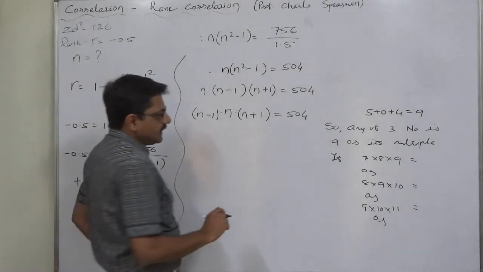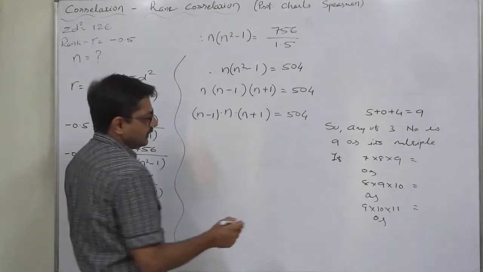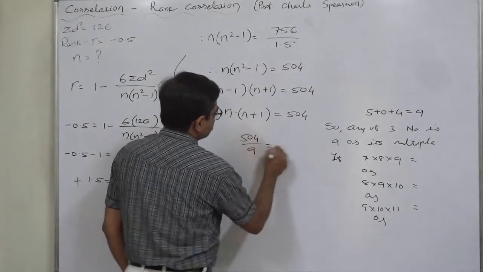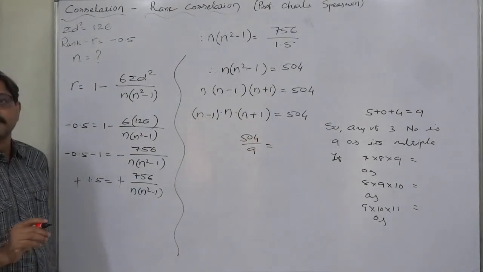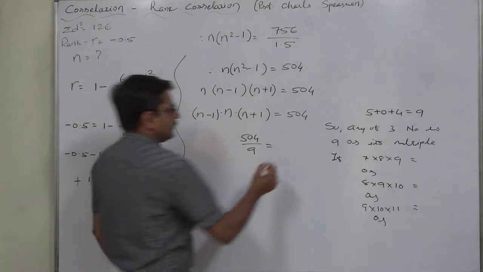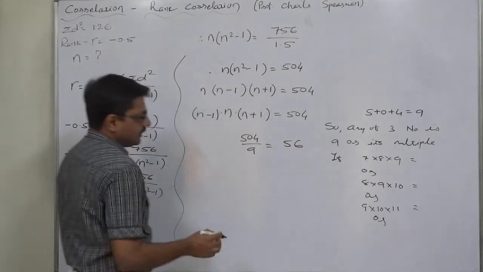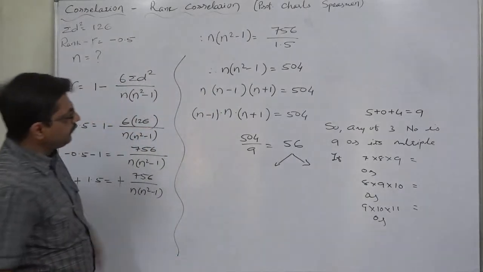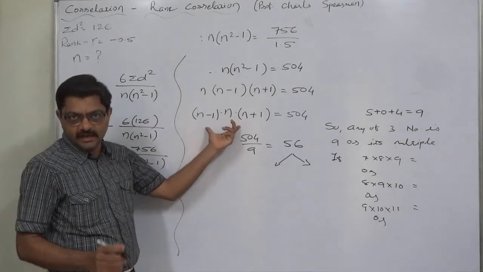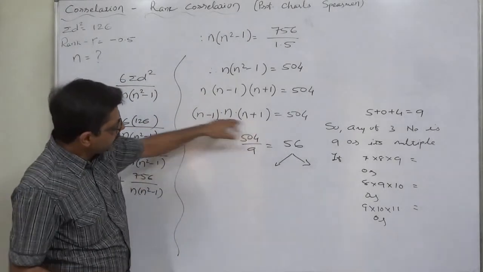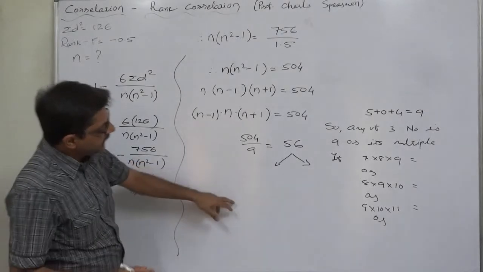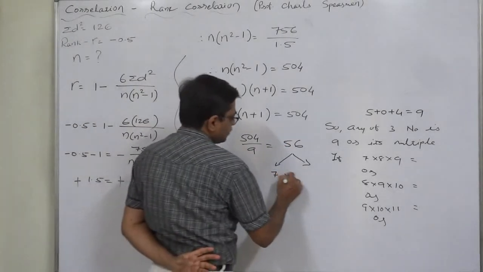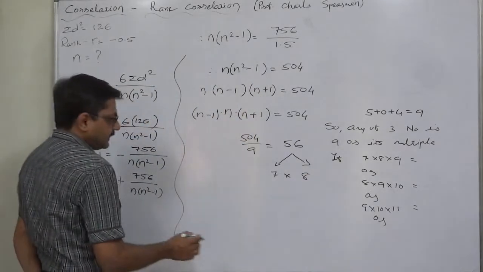Now, what is the other way? The other way is, let us divide this value 504 by 9. What is the result? It is 56. 56 is the multiplication of the remaining 2 out of these 3. If we believe that any one is 9, the product of the remaining 2 is 56 and it is 7 into 8.